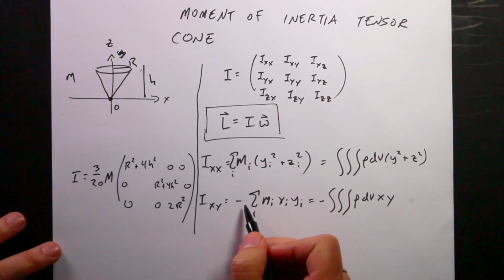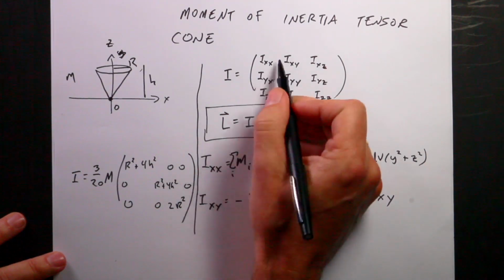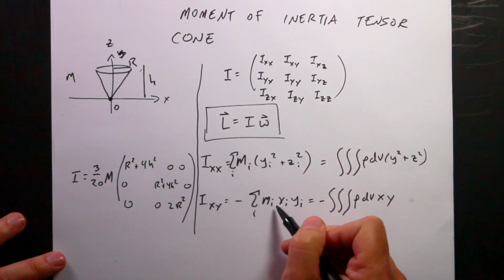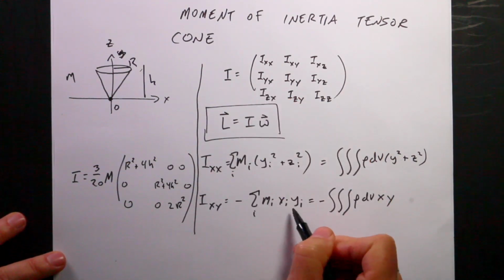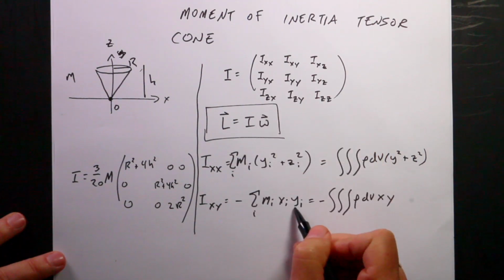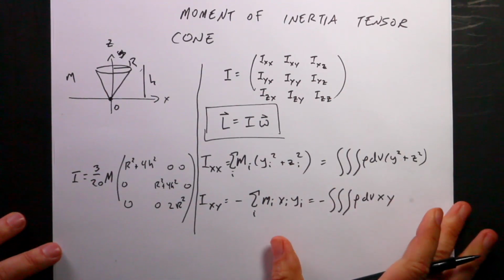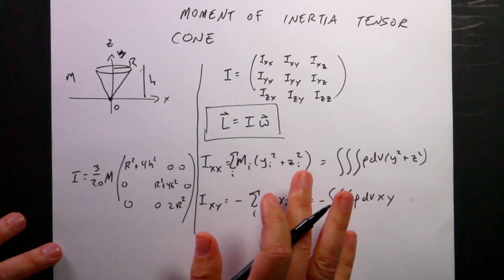The off-diagonal element is negative the sum of m_i x_i y_i for xy. And you can see that's the same for yx, because if I switch the order here, I get the same thing. And then zx would be z and x and so forth. And again, that's as an integral. I'm not going to do this integration. Okay, I've already looked up the answer.